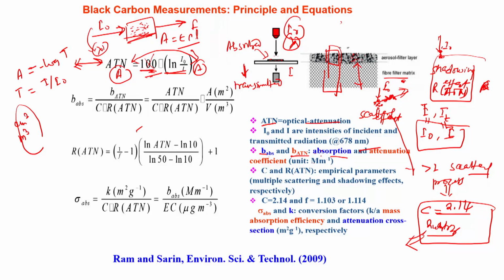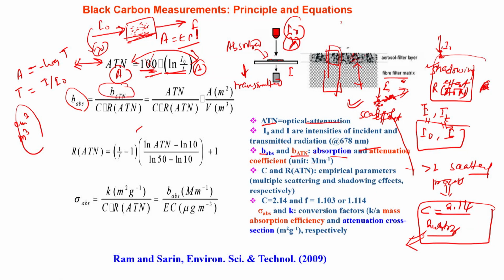Initially, the attenuation coefficient is when the shadowing and scattering effects are not accounted for. So, when you don't account for the scattering and absorption signal, the number is called attenuation coefficient.